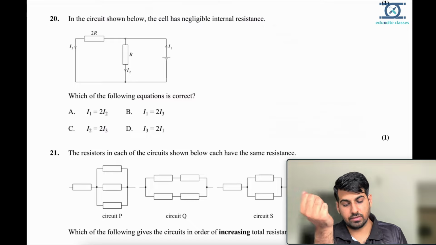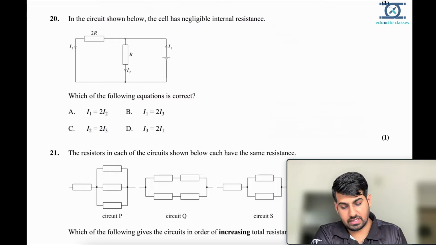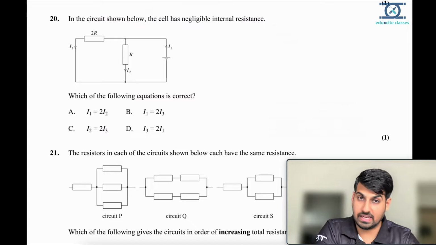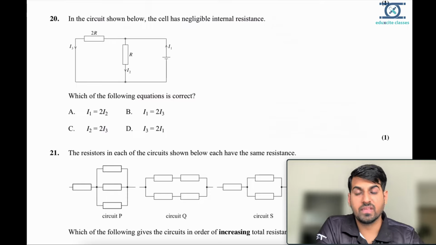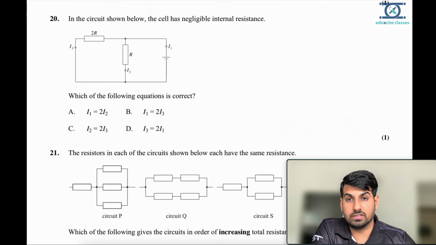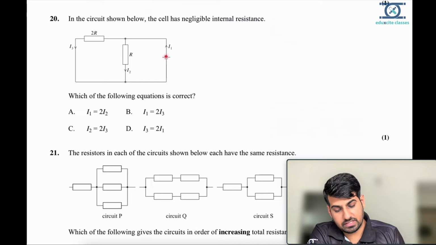Now this is a good question. So in the circuit below, the cell has a negligible internal resistance. Okay. Now which of the following equations with respect to the currents are correct? Now for this, first of all, you have to analyze the equation. Look at the circuit diagram. The I1 is going out, and this is I2 and this is I3.